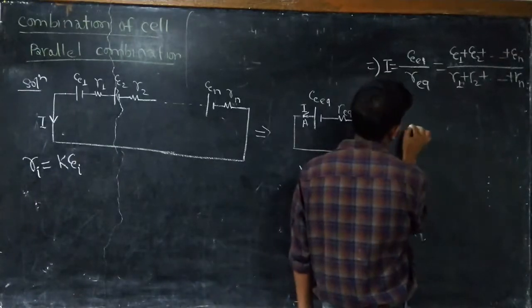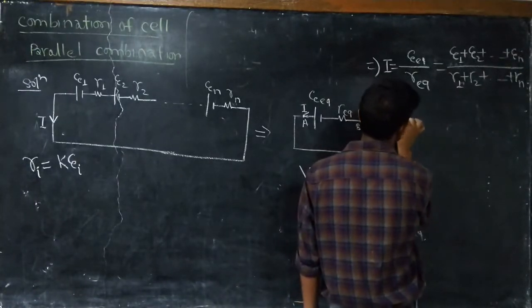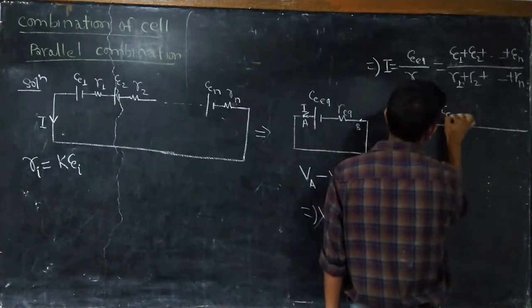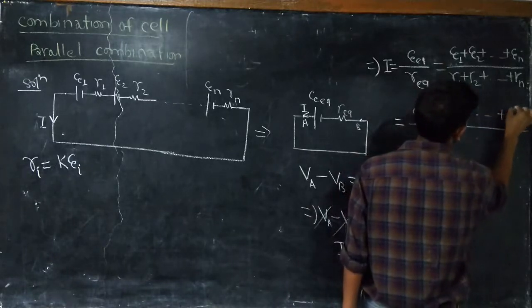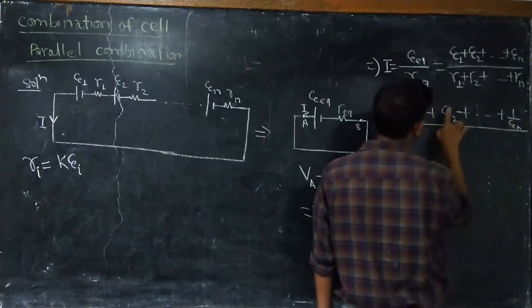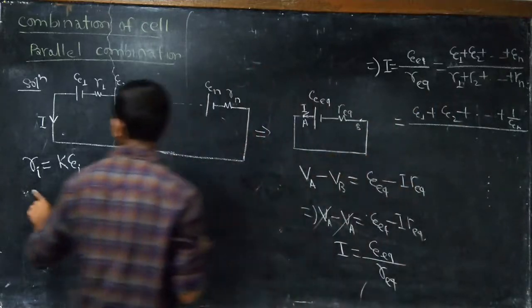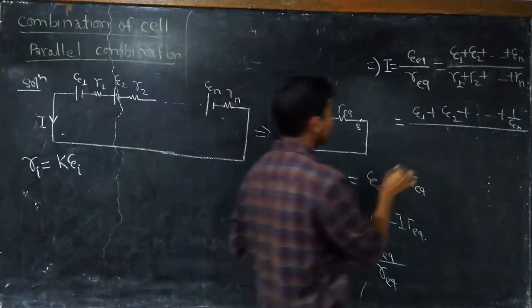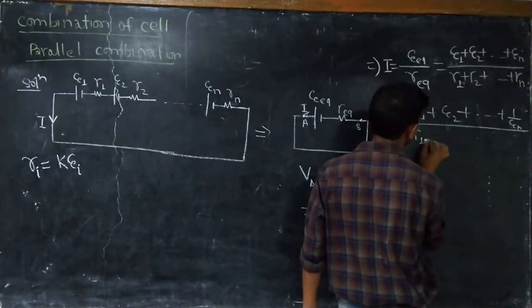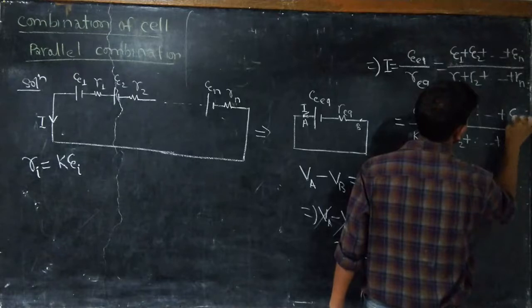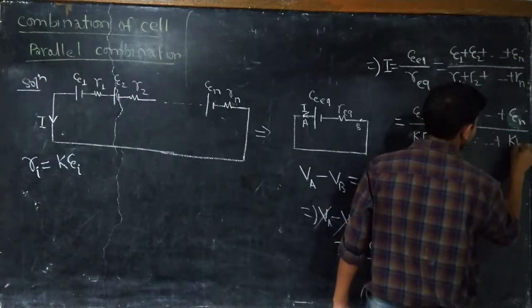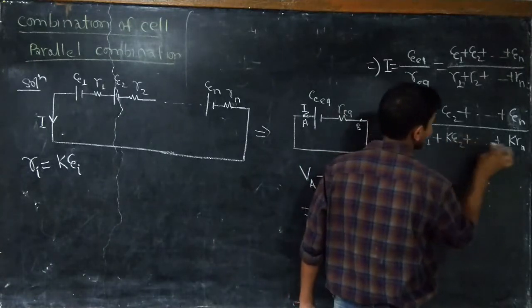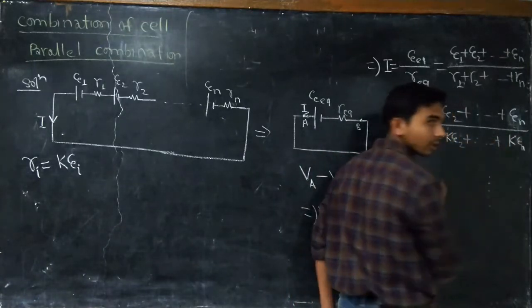Further, we can write the EMF as E1 plus E2 plus dot dot dot plus En, and R1 will be K times E1, and so on up to K times En, okay?